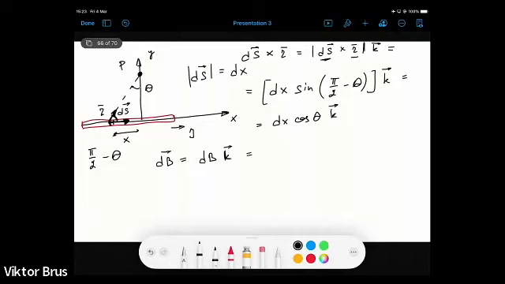So according to what we discussed previously, this should be equal to mu naught times I, the electric current which flows through this conductor, divided by 4 pi. And here, instead of the cross product of ds and r unit vector, we can write just dx times cosine theta divided by r squared, and here is our k unit vector.